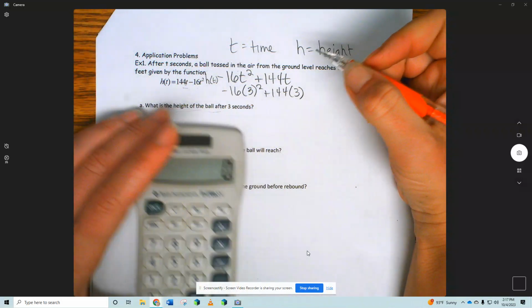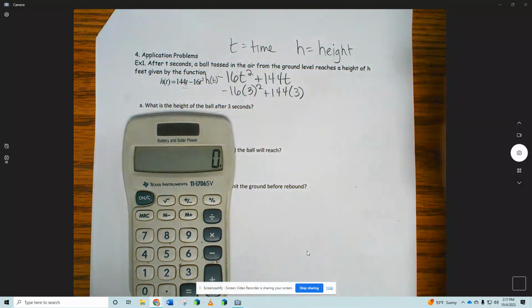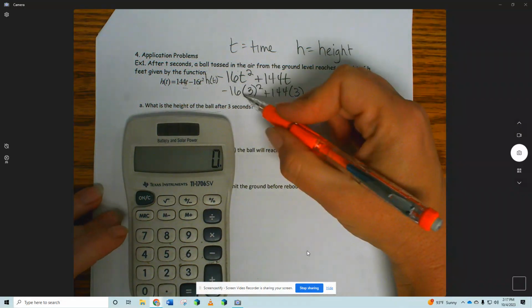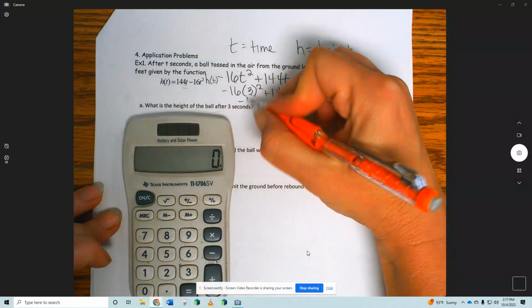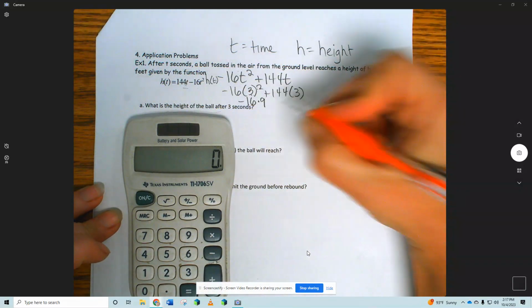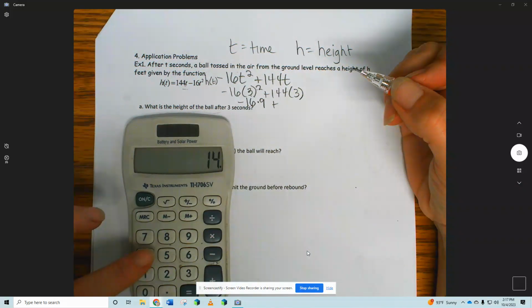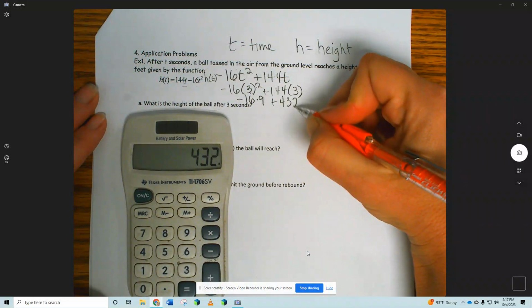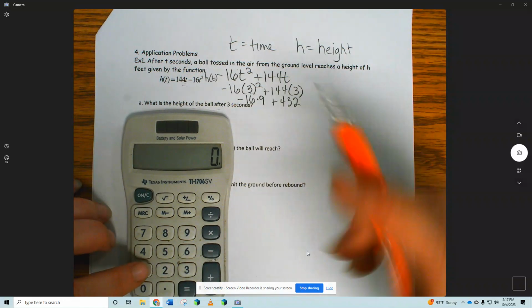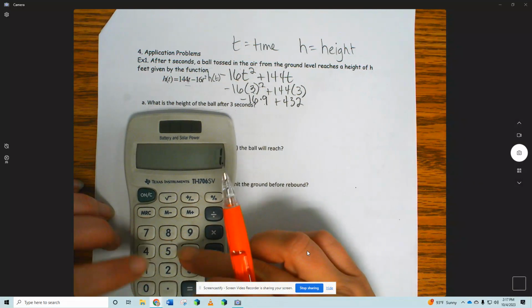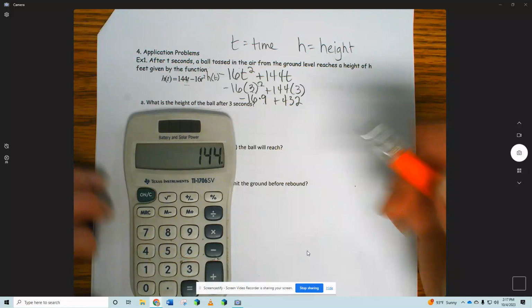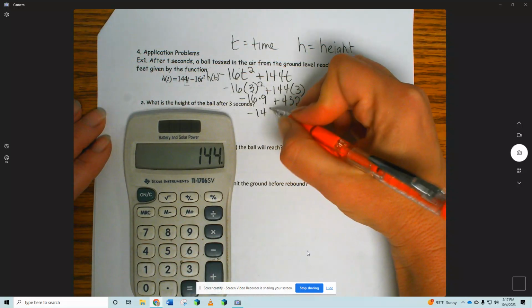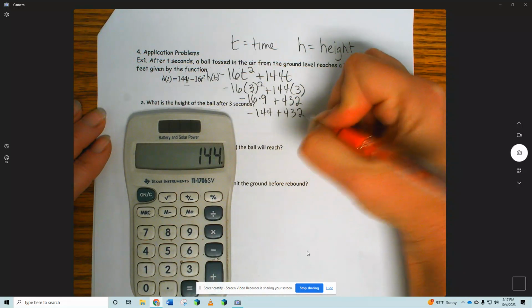Now, we won't need a calculator on our quiz, but I have to do 3 squared first. Negative 16 times 9, plus 144 times 3. 16 times 9, I have to do that. So, negative 144 plus 432.